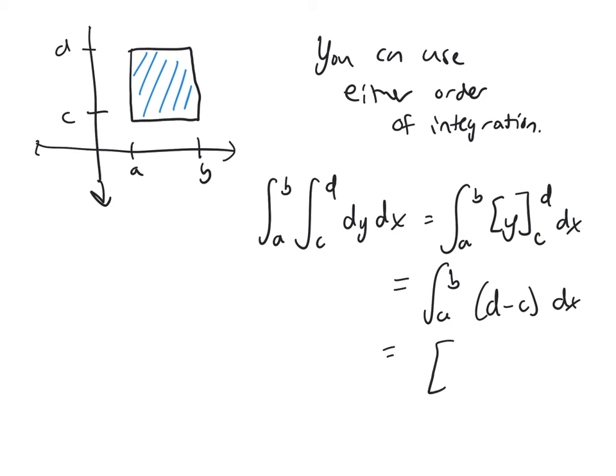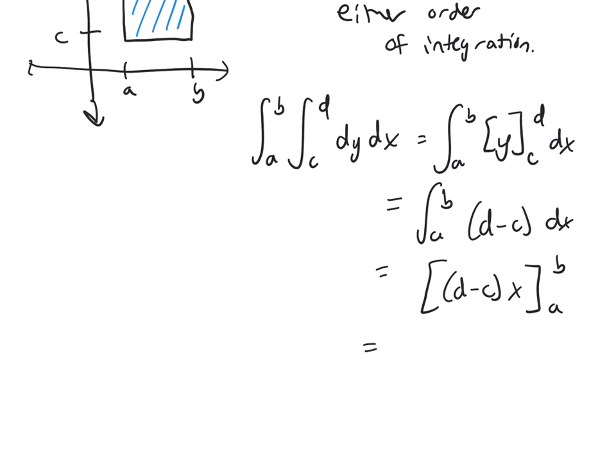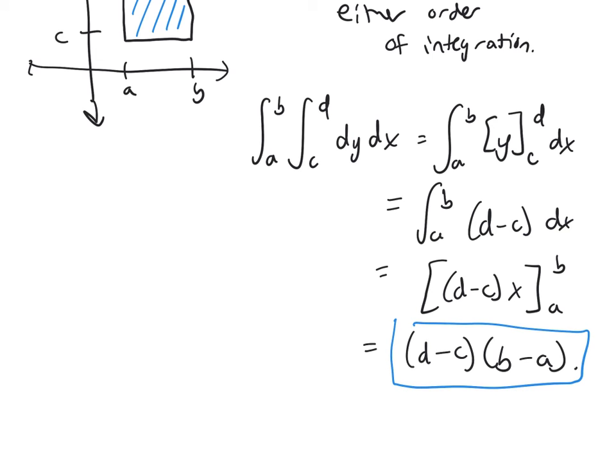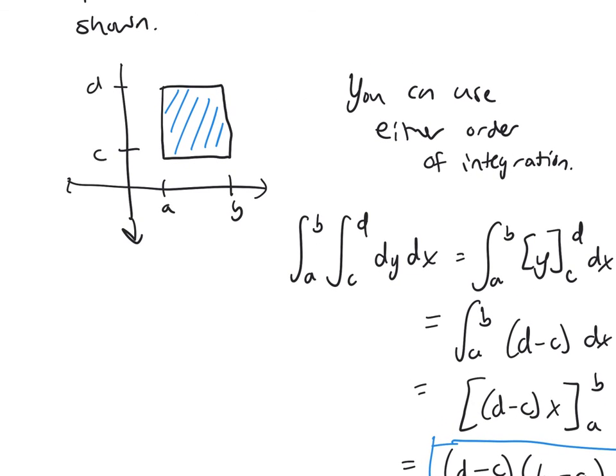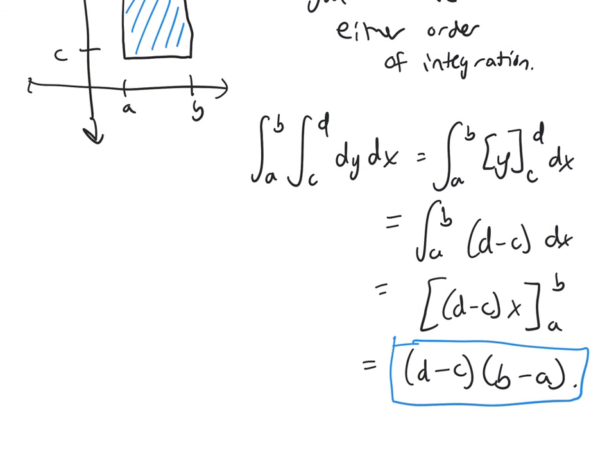So when I integrate this, I'll get (d minus c) times x. And then if you plug in your bounds, you'll get (d minus c)(b minus a). And this corresponds to our area formula for a rectangle, right? It's the width times the height. So you found it now using an iterated integral.